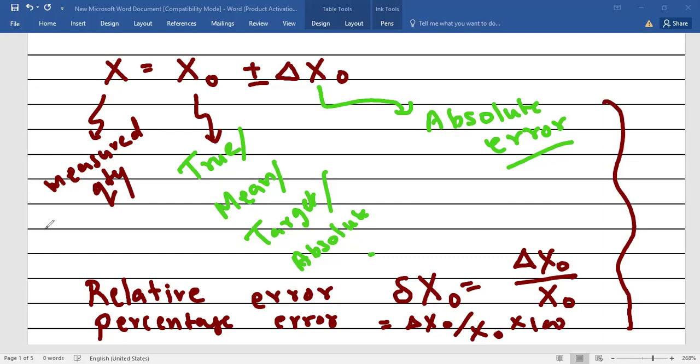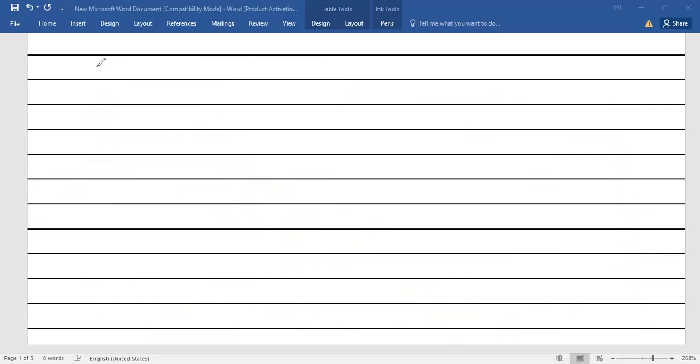Let us take one example. Let's say we have calculated the mass of an object by using some measuring instrument, and we are getting 100 plus minus 2 kg. So we will say that 100 is the mean value or absolute value that we are getting, and 2 kg is the absolute error.